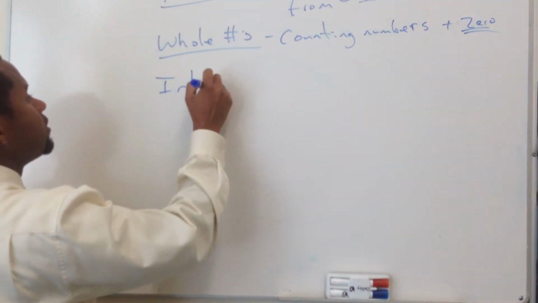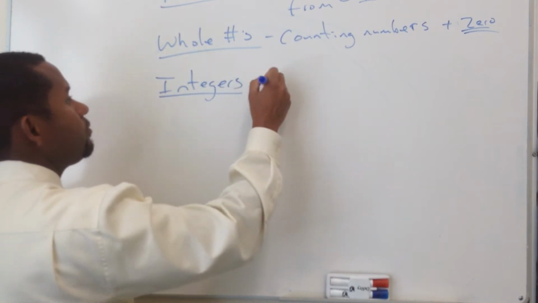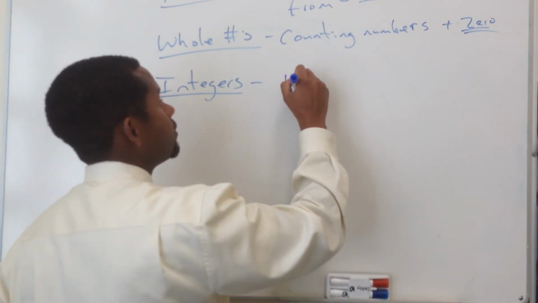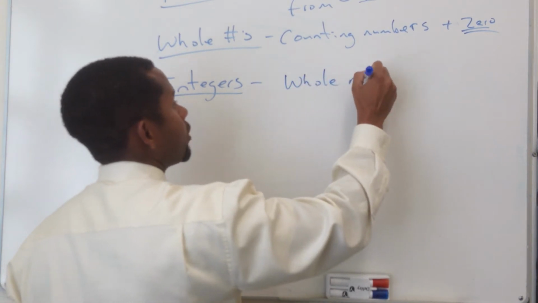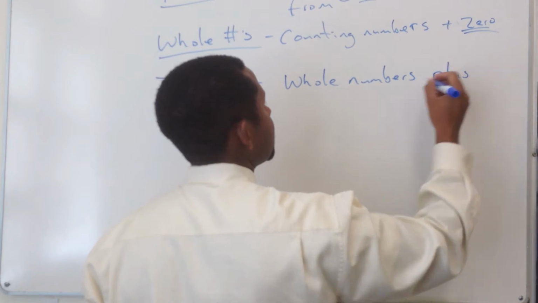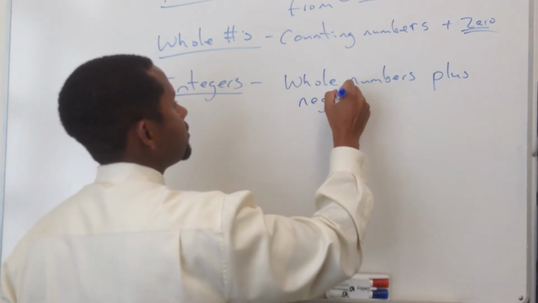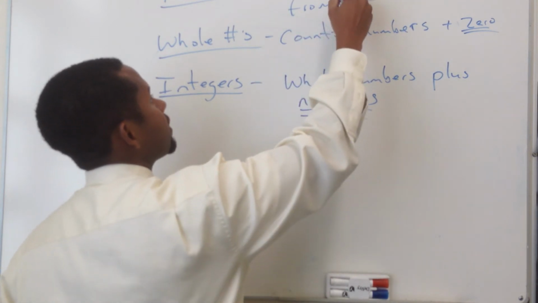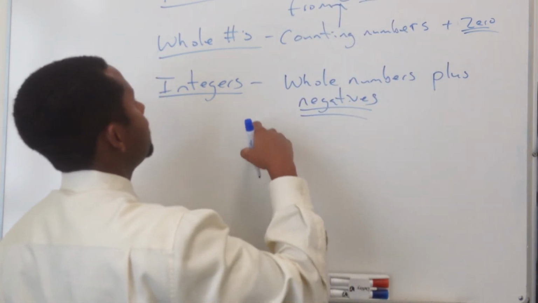Integers are your whole numbers, so 0, 1, 2, 3, 4, plus the negatives. Whole numbers took the counting numbers plus 0.